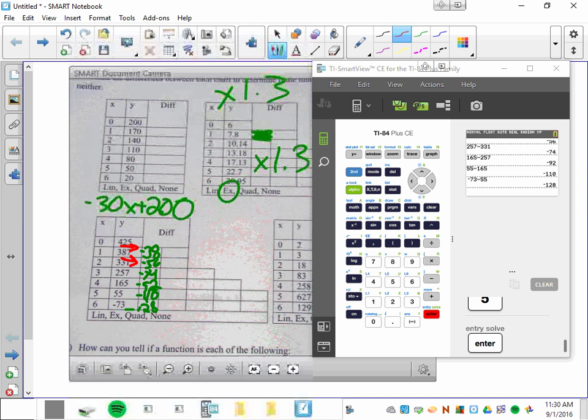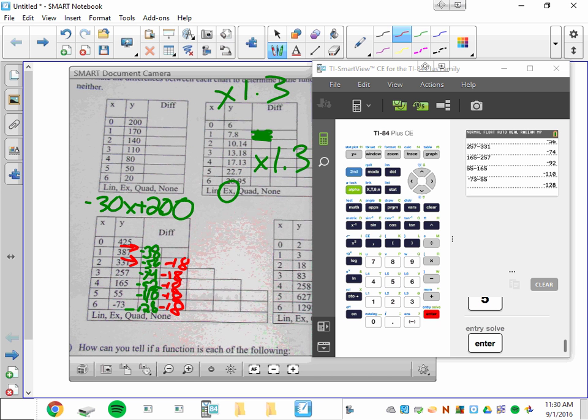So my second difference is negative 18. How far is it from negative 56 to negative 74? Negative 18 again. That's a good sign, right? And you'll notice they're all negative 18. And remember, it's always any value, subtract the value above it.